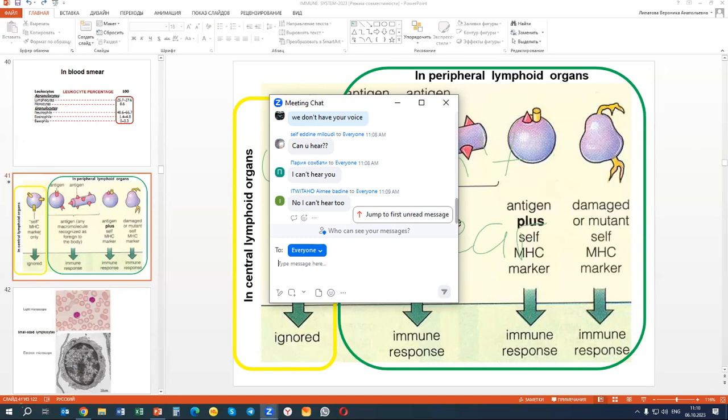Thank you that you informed me about it. Here you see the differences between the education in central organs and the immune response in peripheral organs.